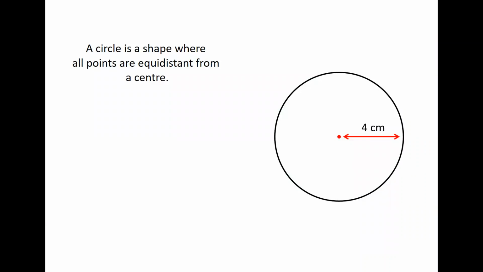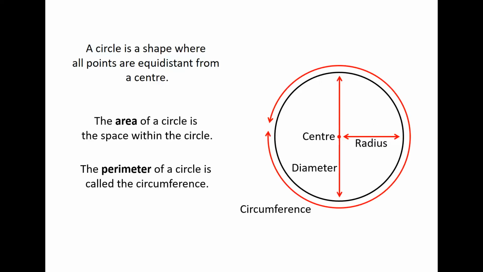Now we come to a definition of a circle. A circle is a shape where all points are equidistant from its center. Okay? All points are equidistant from its center. So in that context, we need to identify the area of a circle, basically the space within the circle, and the perimeter.